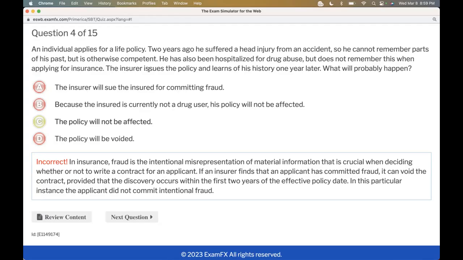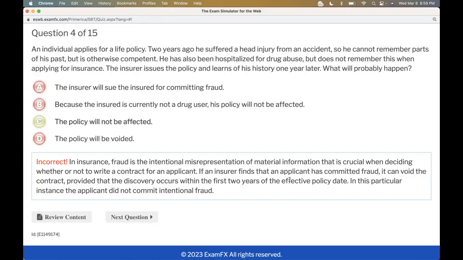The insurer learns his history 1 year later. So the policy should be void. Because look at what it says on the rationale: if an insurer finds that an applicant has committed fraud, it can void the contract provided that it's in the first 2 years. Oh, damn, this is a crazy one.